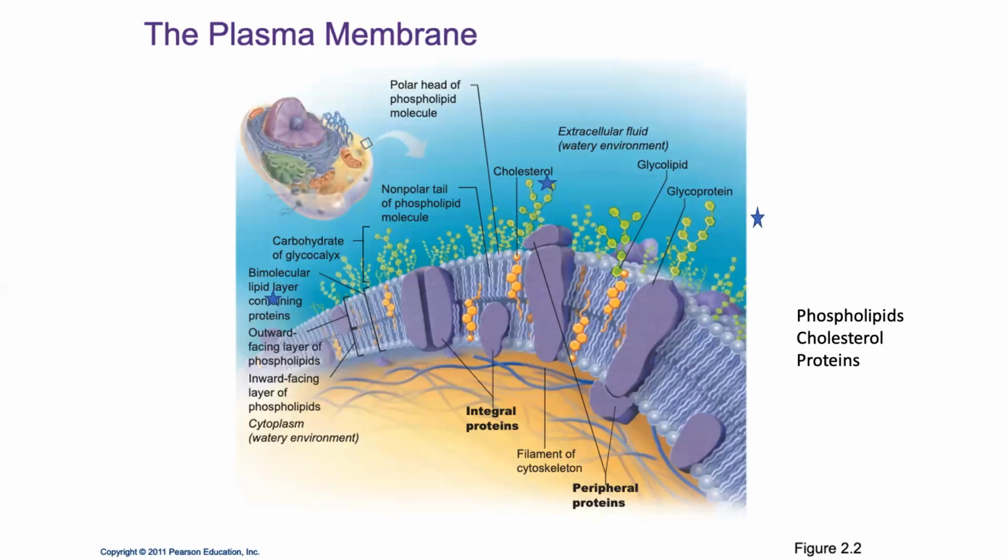So now let's look at the plasma membrane. The plasma membrane is a phospholipid bilayer. So we can see one phospholipid here with the hydrophobic ends facing outwards and the hydrophilic ends facing inwards, and another phospholipid with the hydrophobic lipid-like ends, the water-hating ends, and the hydrophilic ends facing inward.